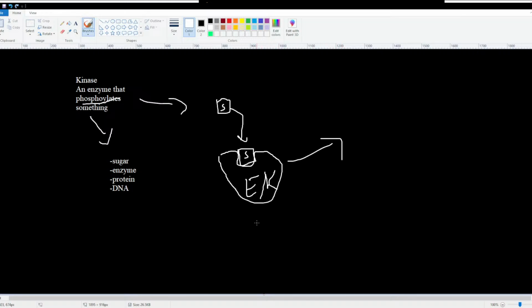Then in this process we're going to take ATP and turn it into ADP. We take the one phosphate group lost from the adenosine triphosphate, which becomes adenosine diphosphate. That one phosphate is going to be added to the substrate. So now the substrate evolves into the product, PR for product, and the phosphate.